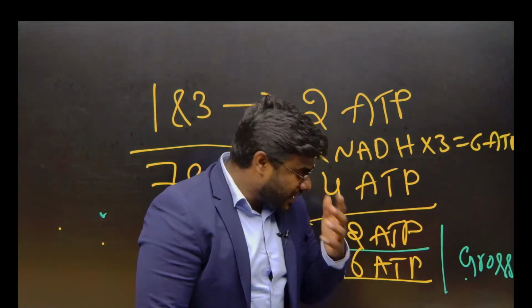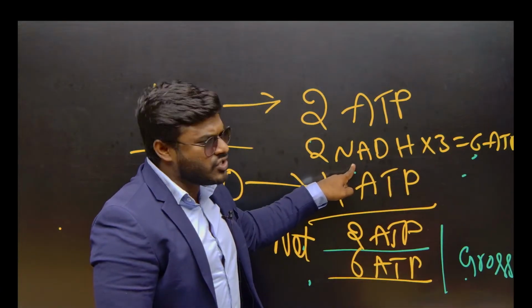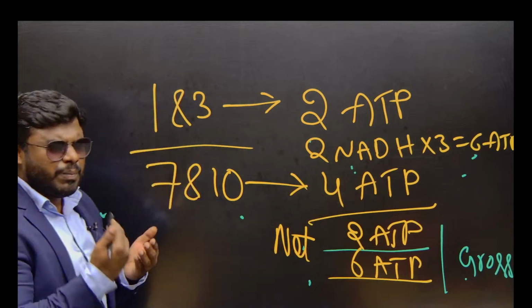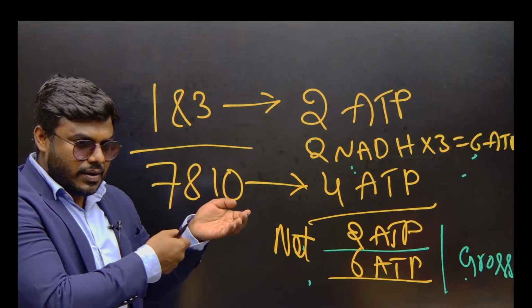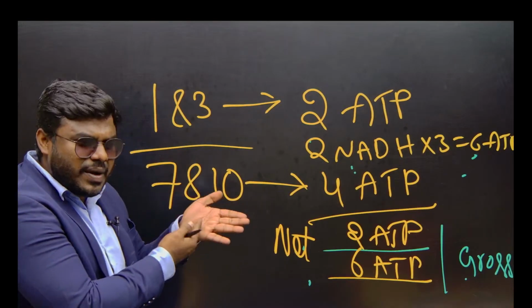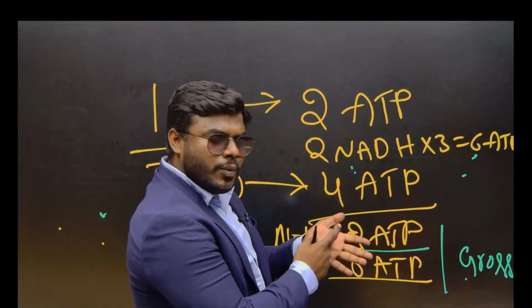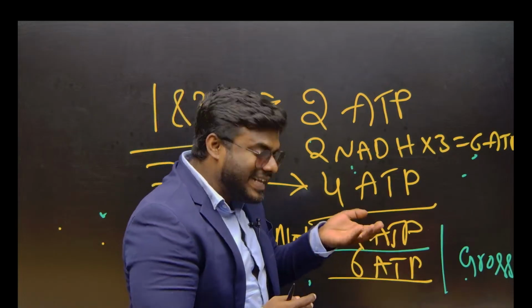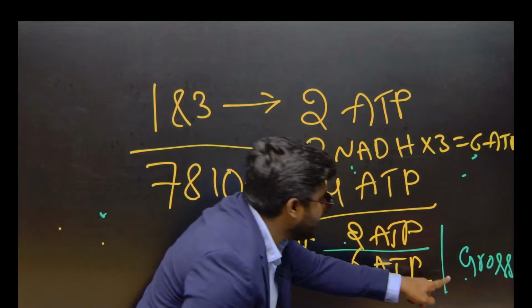But can you see 6 ATP directly in the form of NADH? No. Suppose, for example, I am having an 8 rupees cheque. Do you think cash is there in my hand? No. I have to go to the bank and encash it. But if I show you a 2 rupees coin, it is net, visible. So net is 2.